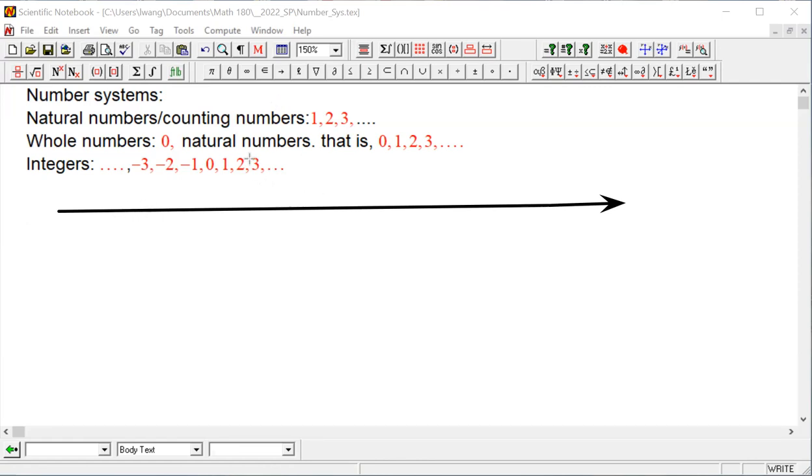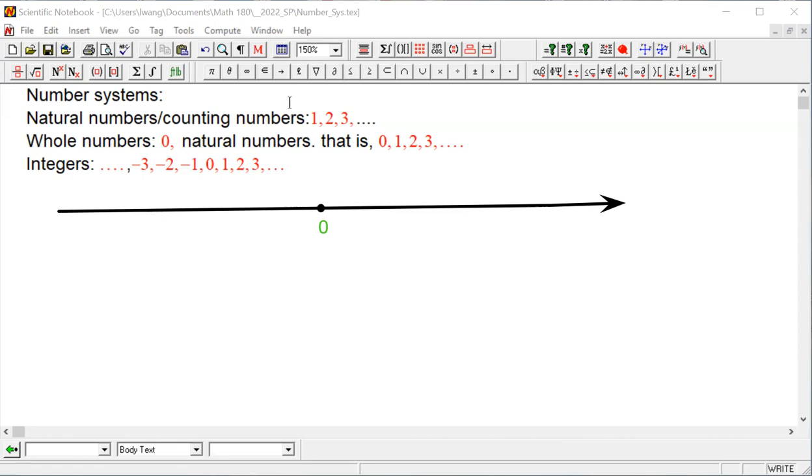So now we have a place for each of these numbers. And suppose that I'm going to put 0 right here. 0 is a very important number, it's a point of reference. So 0 is right here. And -1, -2, -3, and so on and so forth, it goes in the direction of -infinity.